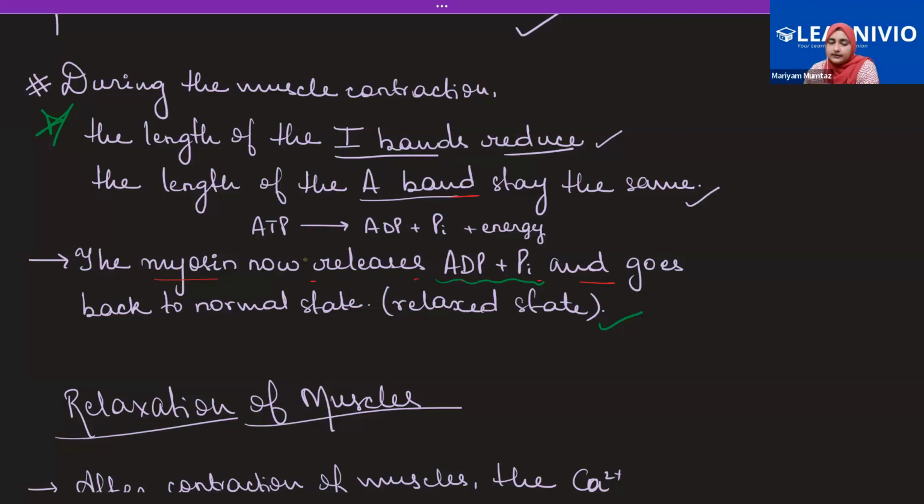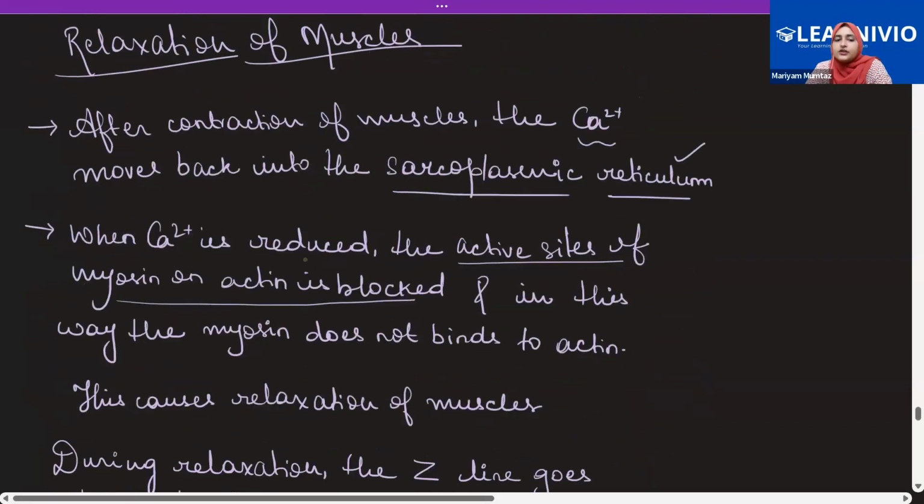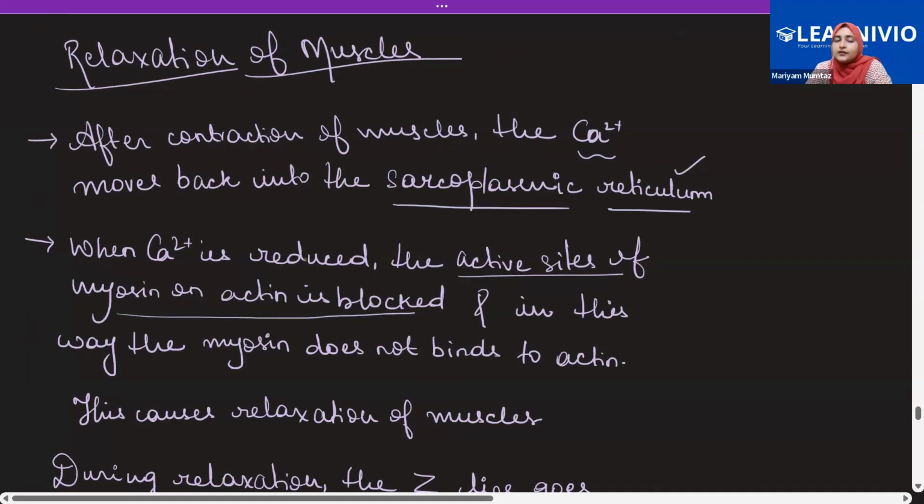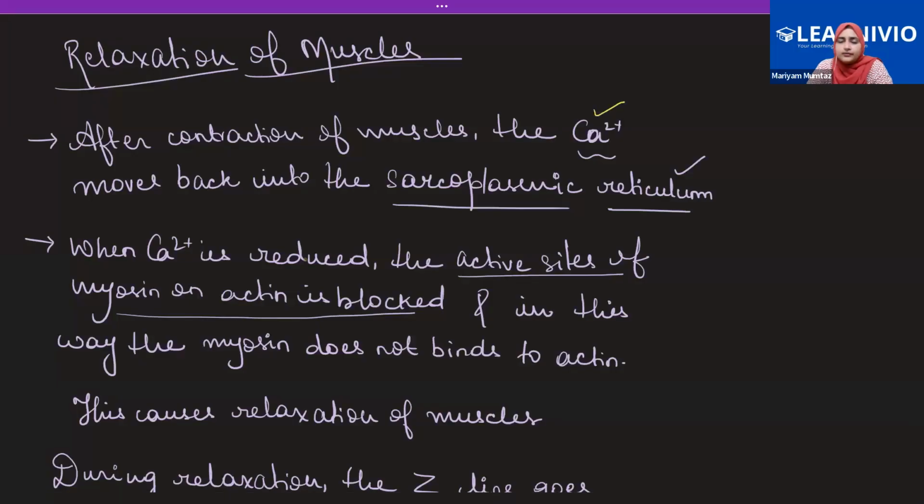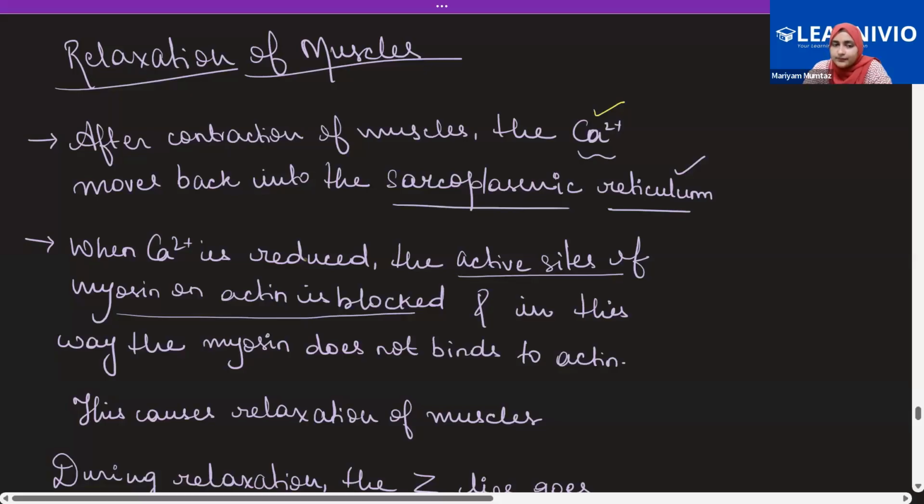Now, once the ATP is hydrolyzed, ADP and inorganic phosphate will be released, and the myosin will go back to its normal state, and the whole contraction will start going back to the normal state. So during relaxation of the muscle, after contraction, the calcium is no longer needed and goes back to the sarcoplasmic reticulum.